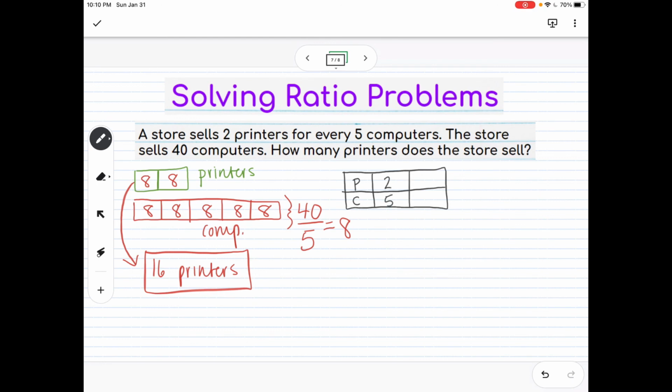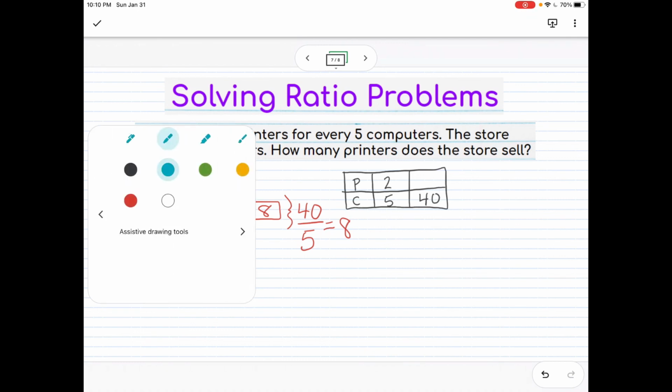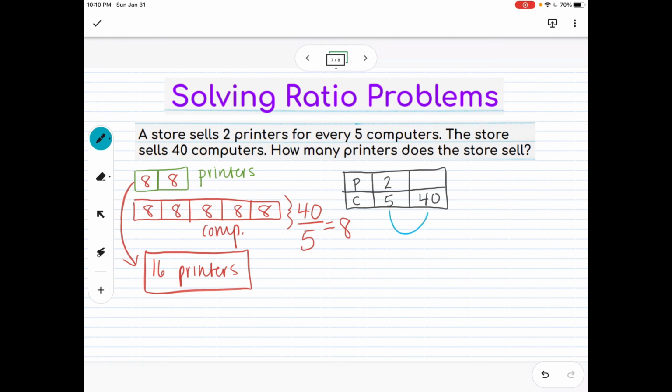And then we knew that they sold 40 computers. So from here, kind of similar to what we just did there, we would just have to develop the pattern. So how do we get from 5 to 40? We know that we'd have to multiply by 8. Therefore, here we would have to do the same thing, times 8. And we know 2 times 8 would give us 16, which also would tell us it's 16 printers. All right, so that is how we would use the tables for that.